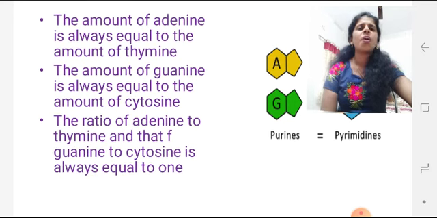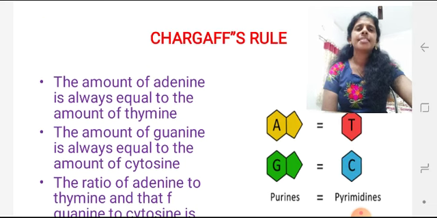The ratio of adenine to thymine and that of guanine to cytosine is always equal, that is, equal to 1. Chargaff's rule states that the amount of purines always equals the amount of pyrimidines in a DNA molecule.